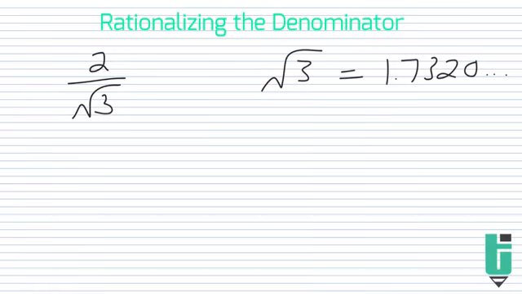So the point is that we want to change the fraction we have over here, 2 over square root 3, in such a way that we get something in the denominator that is rational. Our problem is the square root 3, because it's irrational. So how can we change this fraction to get something in the denominator that is rational?